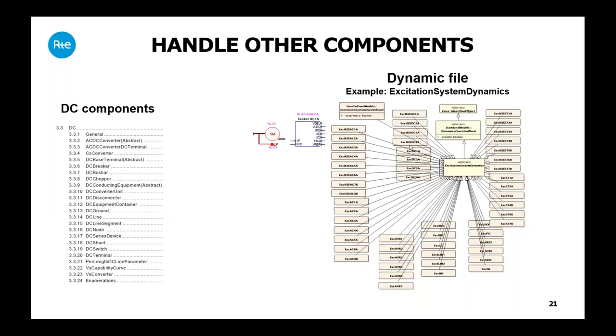So you can avoid the CIM and directly use your raw, sequence and dynamic files to get your model from PSSC to EMTP.